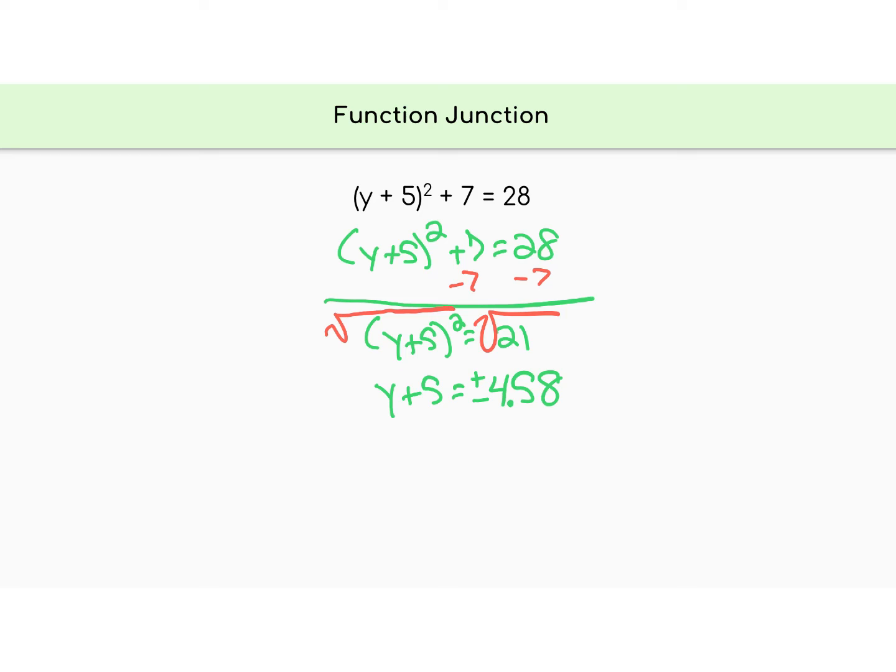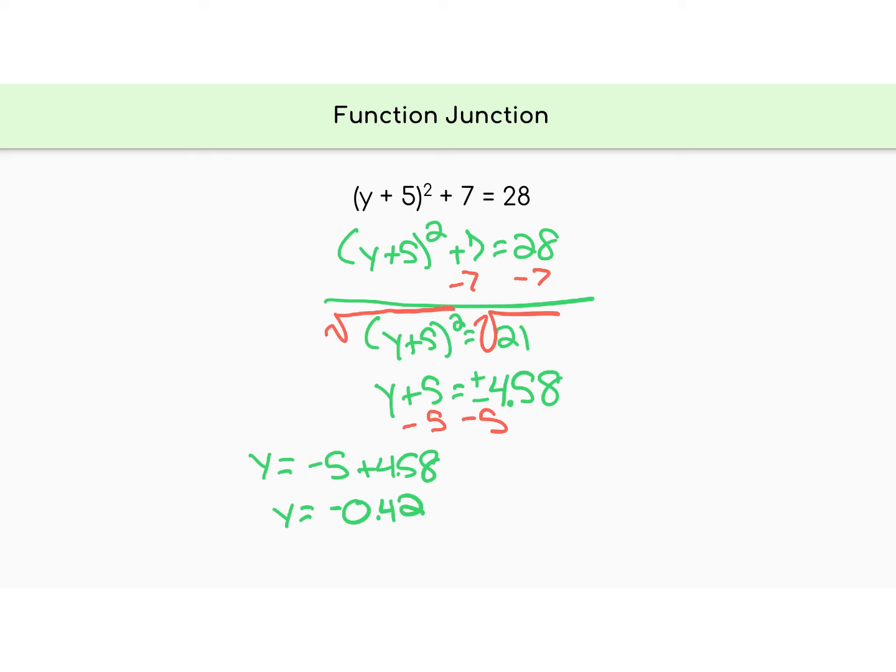So we want to subtract 5 from both sides. So now one of our solutions is going to be y is equal to, again, we put our inverse operation number first, so negative 5 plus 4.58. So y is going to be equal to negative 0.42.